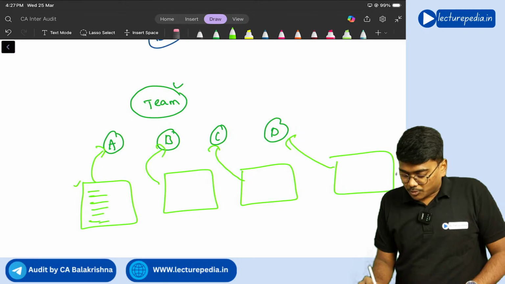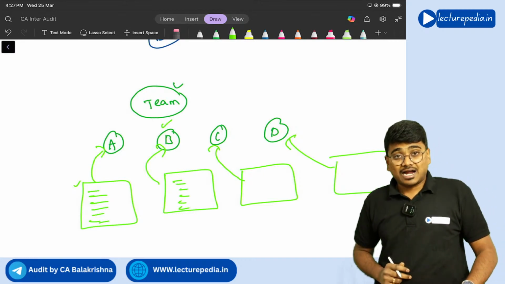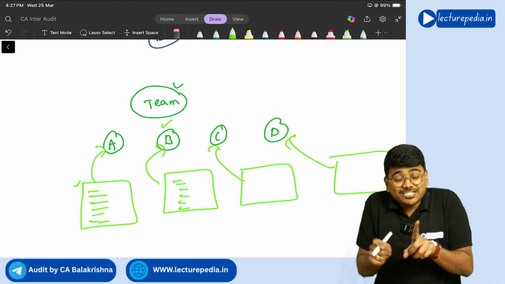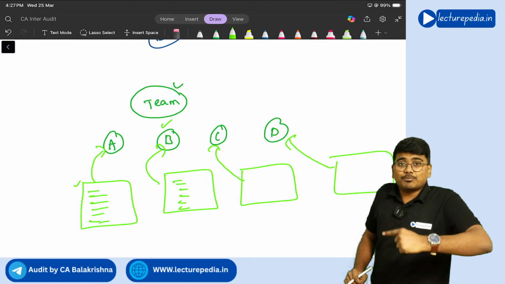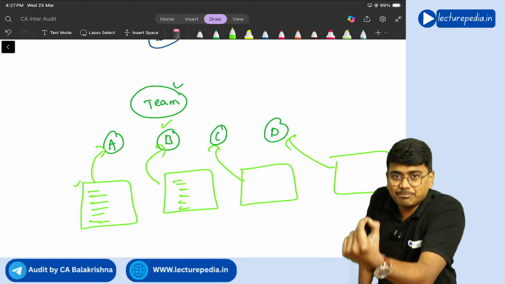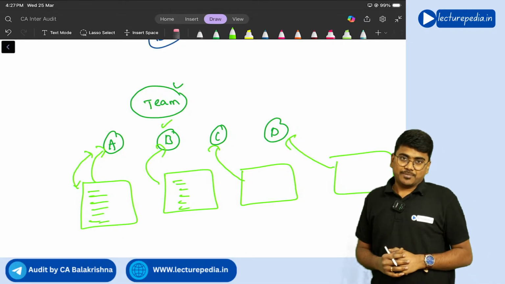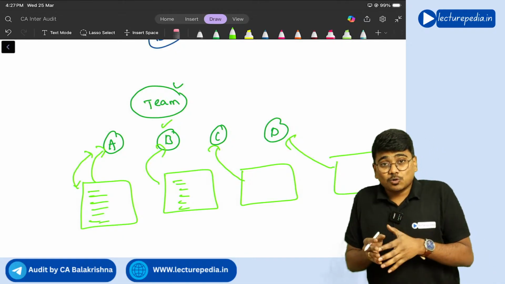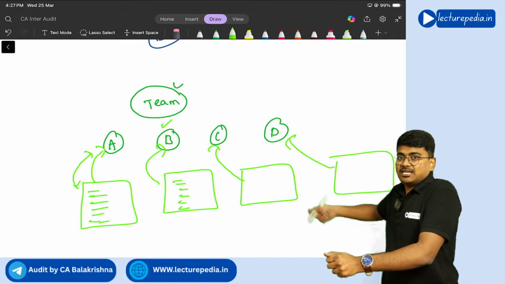In the second, all the procedures Mr. B has to perform will be listed. Understand? So the audit program contains the list of procedures that have to be performed by a particular team member. So the audit program is unique to each team member, and the principal will prepare it for each of them.